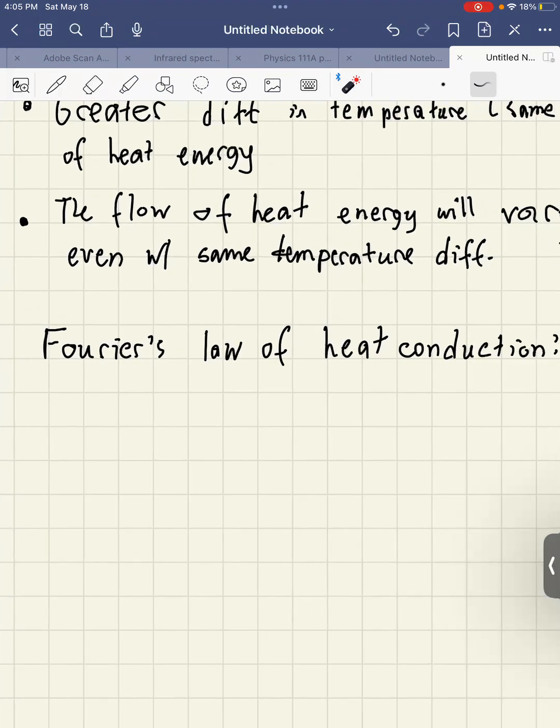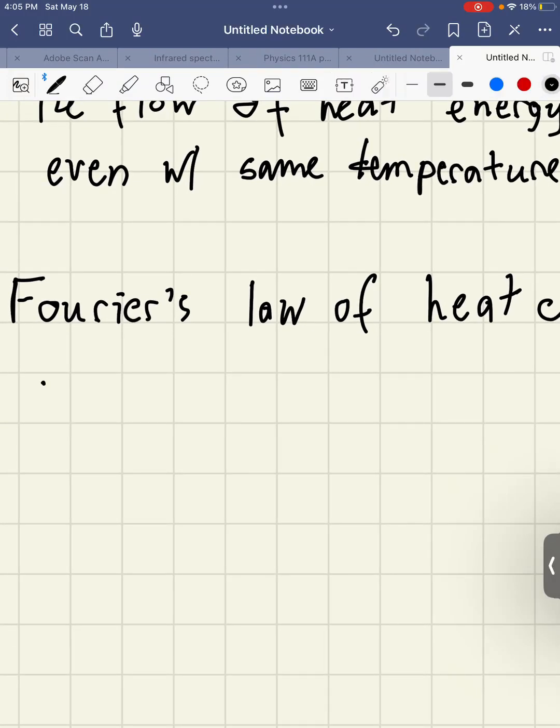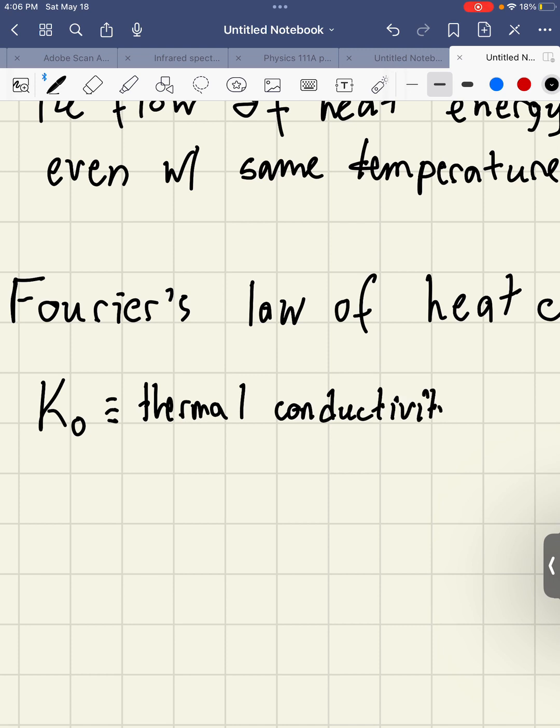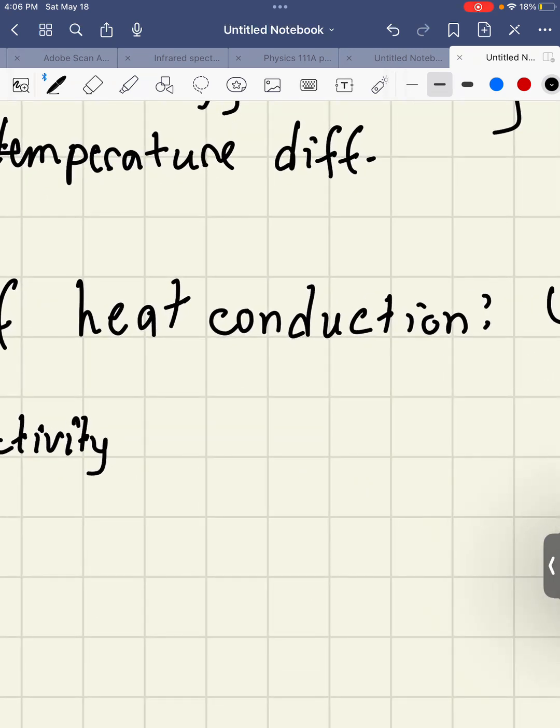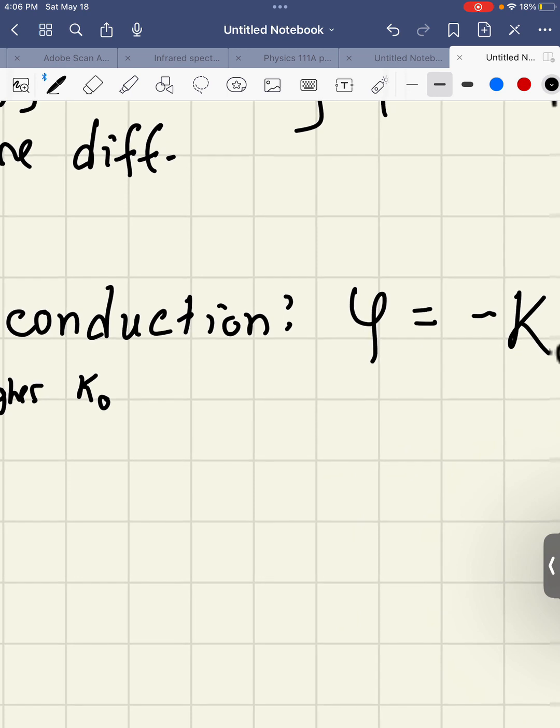So let me write this down. K naught is defined as the thermal conductivity. The higher the K naught, the greater the flow of heat energy.